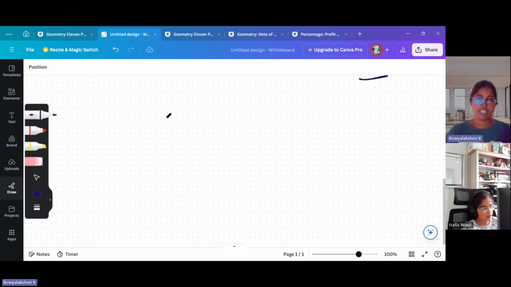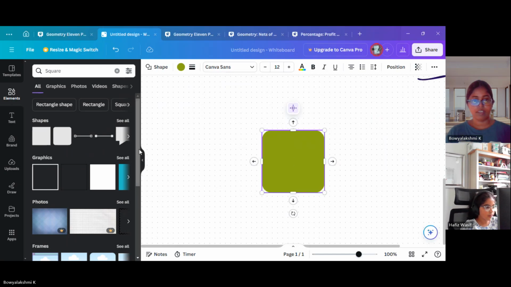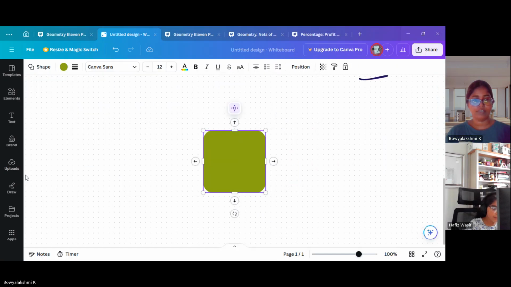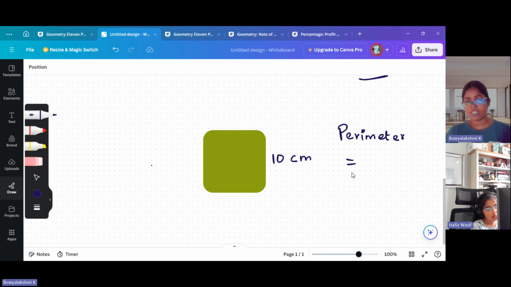And next part, let's take again a square. This is 10 centimeter. What is the perimeter of the square? How will you find the perimeter? That is for rectangle.